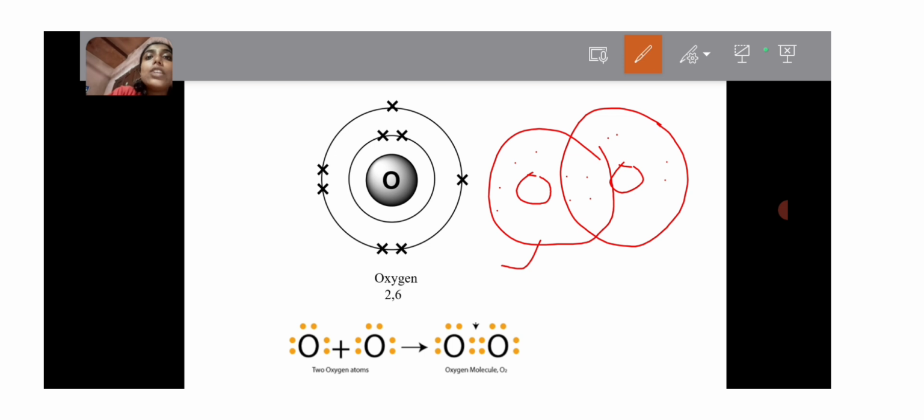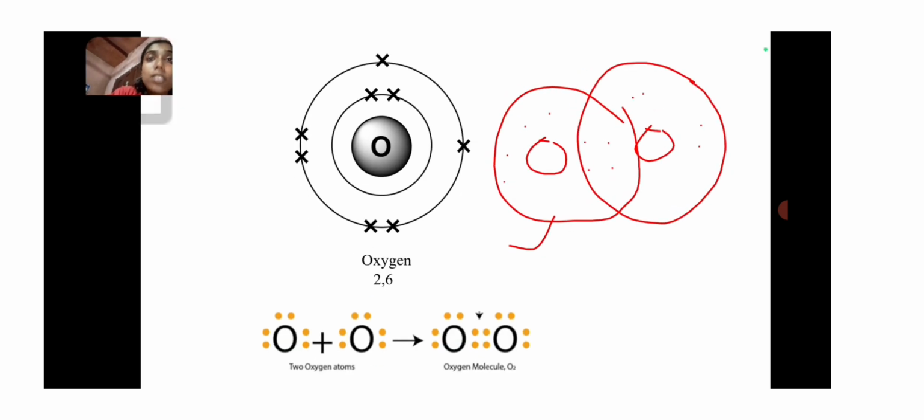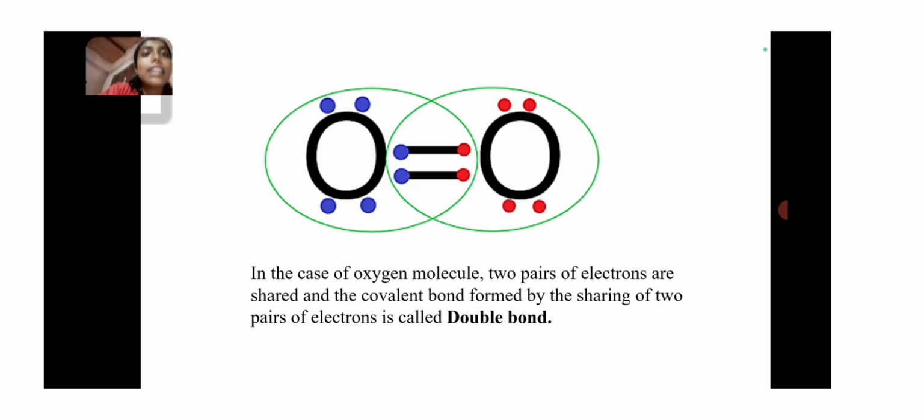So when two oxygen atoms combine, they share two pairs of electrons in order to attain an octet configuration.